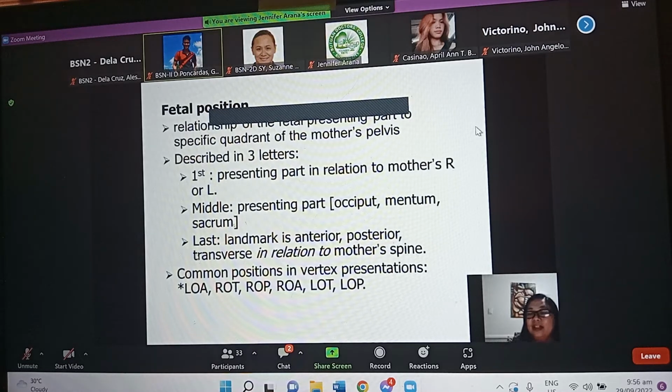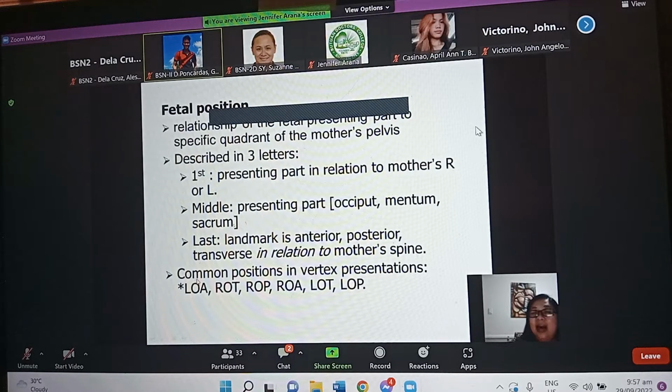Okay? So, these are the common positions in vertex presentations. You have LOA. What does LOA mean? L stands for left, O stands for occiput, A stands for anterior. Meaning, ang presenting part naa sa left side sa mother.